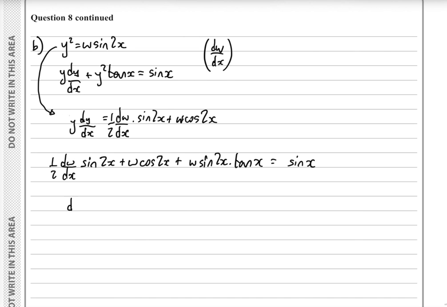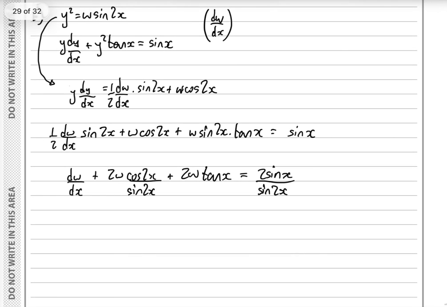Multiply everything by 2 at the same time. dw by dx plus 2w cos 2x over sine 2x, there's our cot 2x in the making, plus 2w tan x is equal to 2 sine x over sine 2x, and I'll split that into 2 sine x cos x, and then those can cancel.